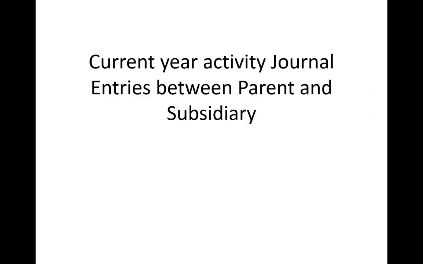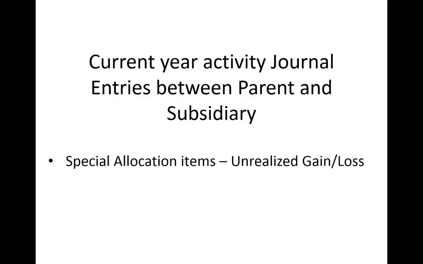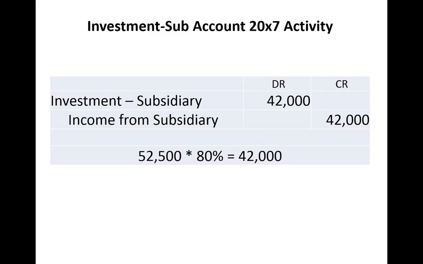So what's going to happen is when the parent makes the equity method entries during the year, they're going to make the net income and the dividend entry. But you have to remember the income, or the net income from the sub, is understated by 52,500. So what we're going to have to do is come in, and since we know of this transaction, we're going to have to increase the income by the amount of the deferred loss.